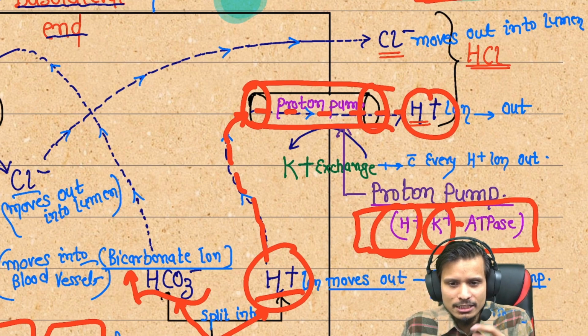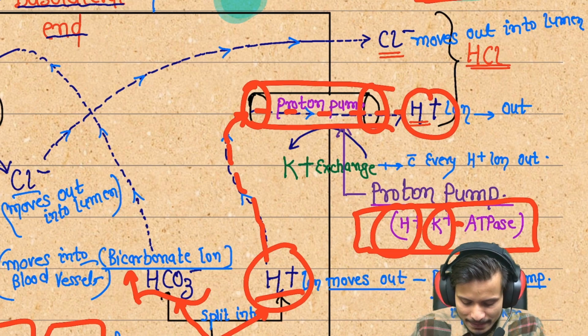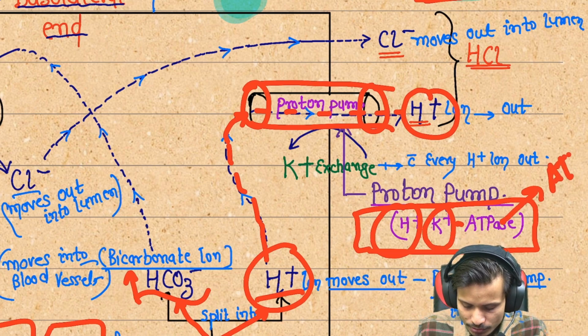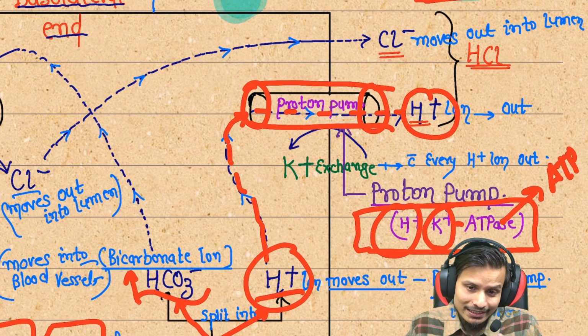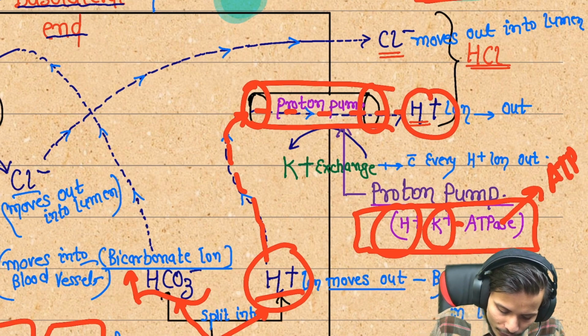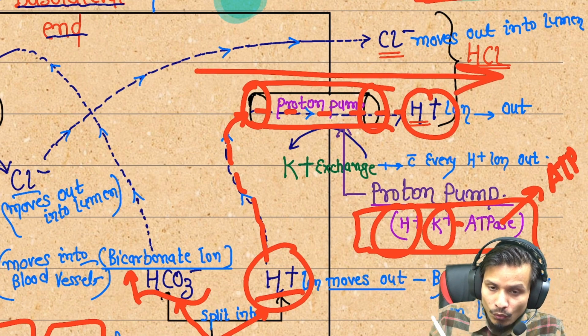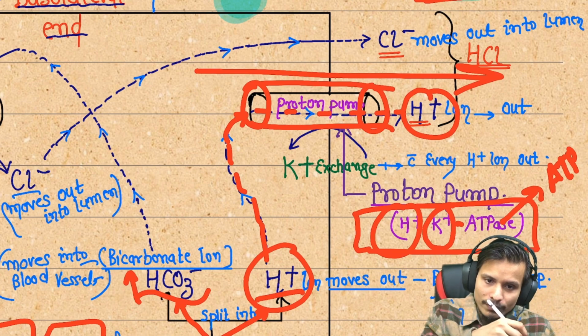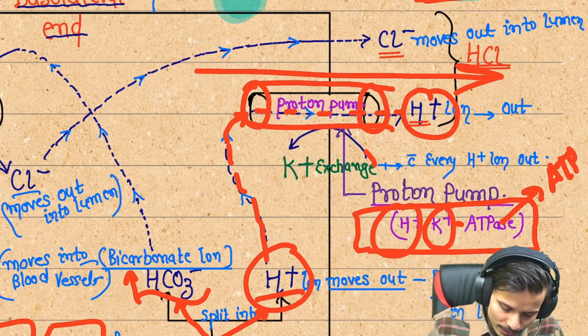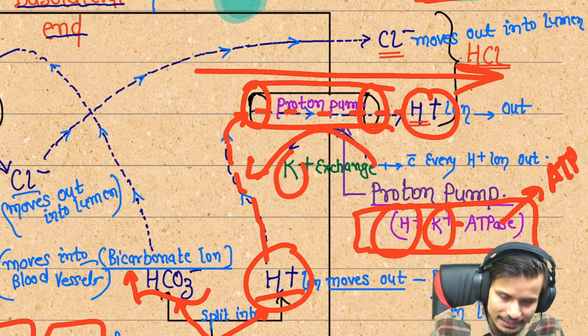Why is the name H plus K plus ATPase? ATPase is basically because ATP is utilized in this action. Why is the K plus here? Because when the H plus is coming outside, one ion is also moving inside, that is potassium.